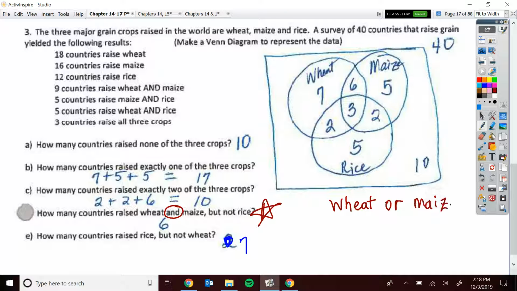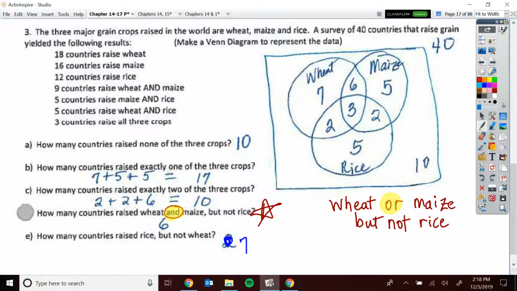Because what happens is we see wheat and maize, but not rice, but we don't think about being so picky and paying attention to it being different between it being and or. And it is that. Yes, ma'am. Okay, I will in just a minute, but let me get through this one.